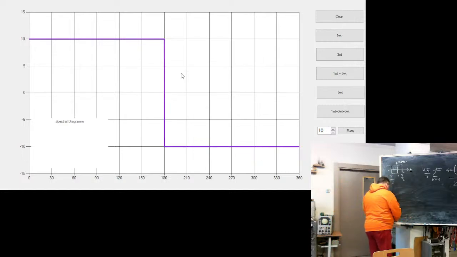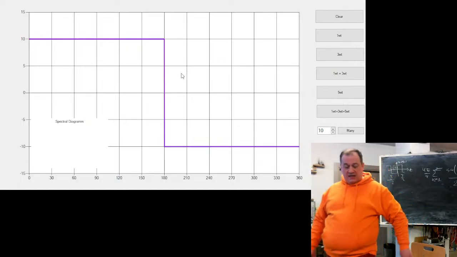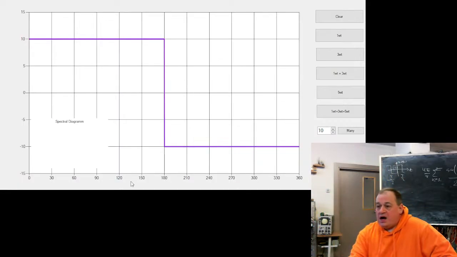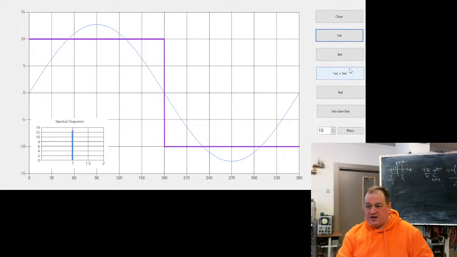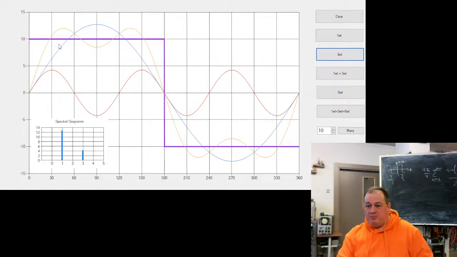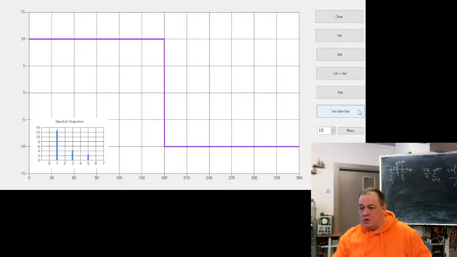What do we see? My signal, which I showed in reality. Here is component 1, the base frequency, plus here the triple, base plus triple.